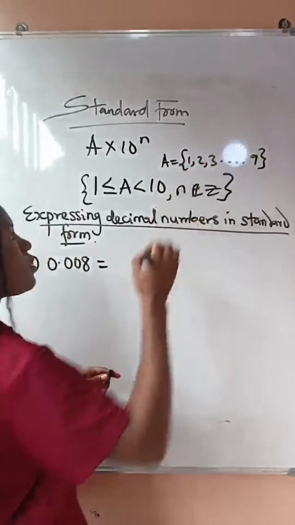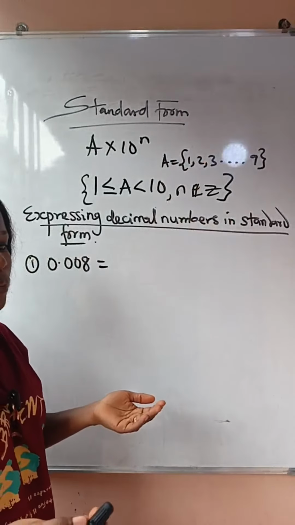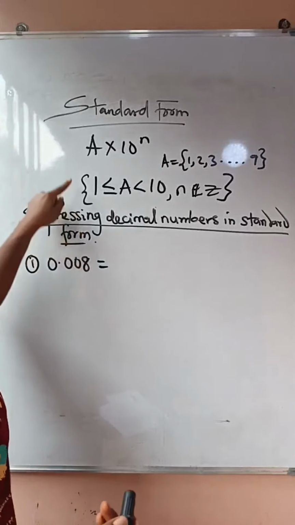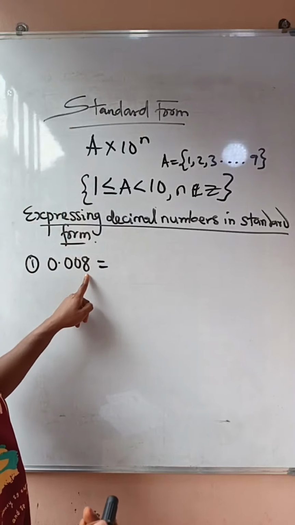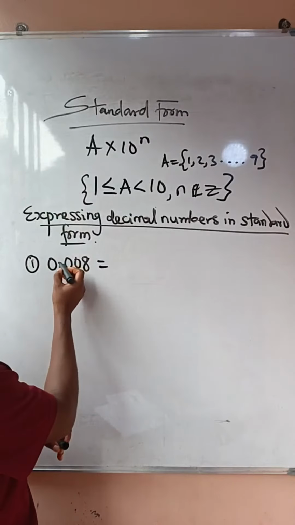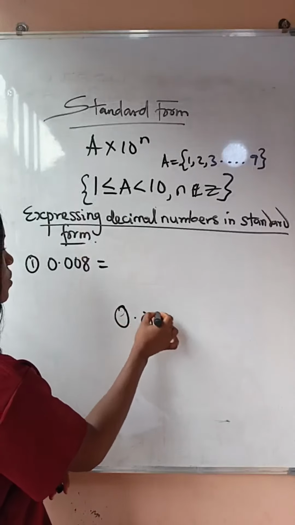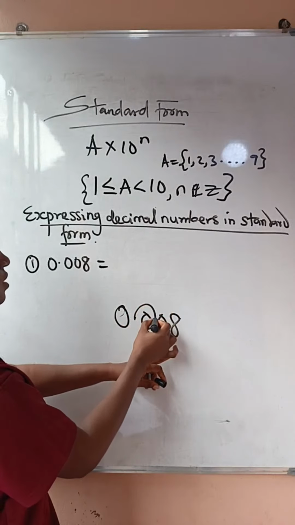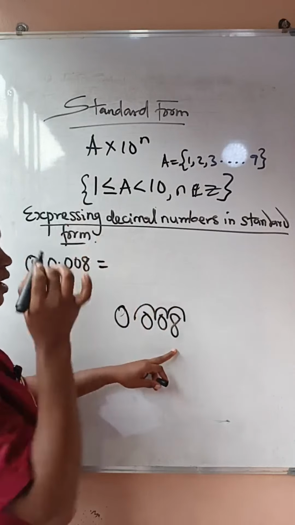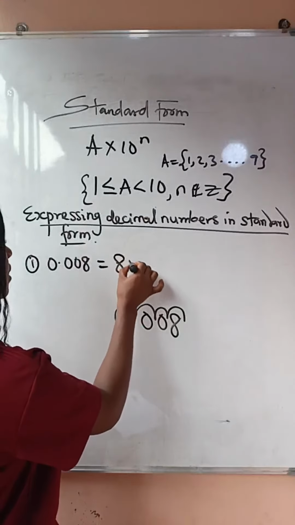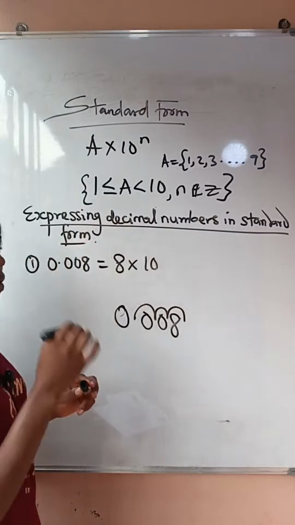These are the values that your a can take. So I have 0.008. Now what is my a? My a from here can only be 8, right? Because I need to shift this decimal point to get to 8 as my a. You can see that. So write 8 times 10 to the power of.